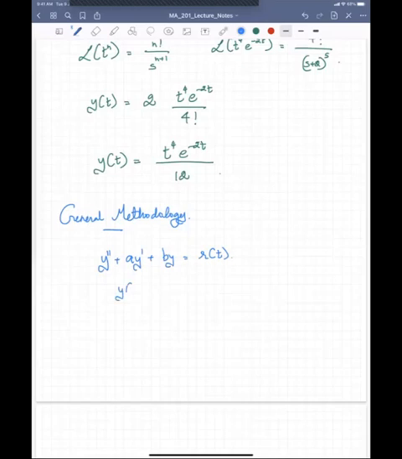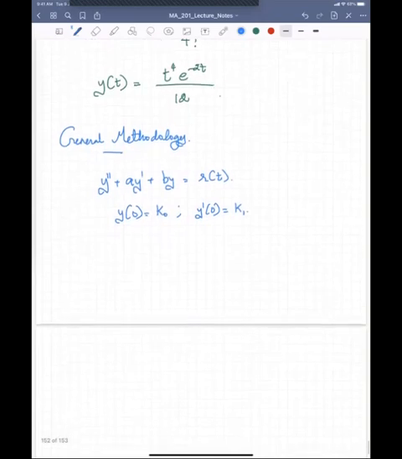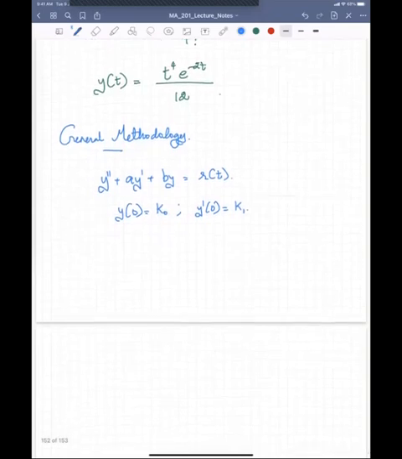And they tell you that the value of y at t equal to 0 is some k0, and the value of the derivative at t equal to 0 is some k1. This is a statement of the initial value problem. Your first step is, of course, take the Laplace transform of both sides so that you don't have to deal with all these pesky derivatives.